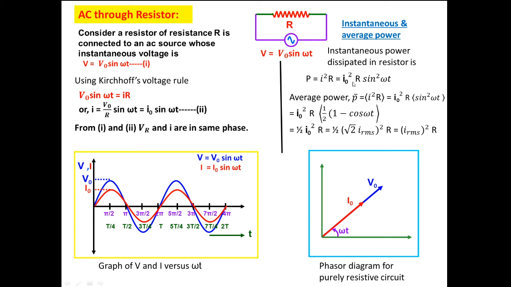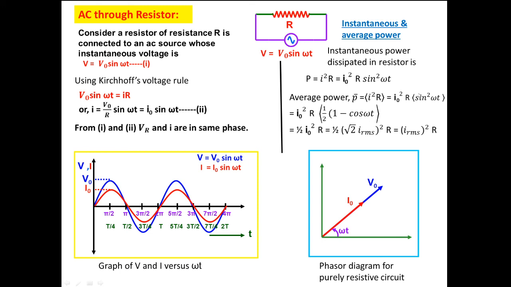Average power is the average of this, and the average of sin square omega t. How can we find this value for the whole time period T?